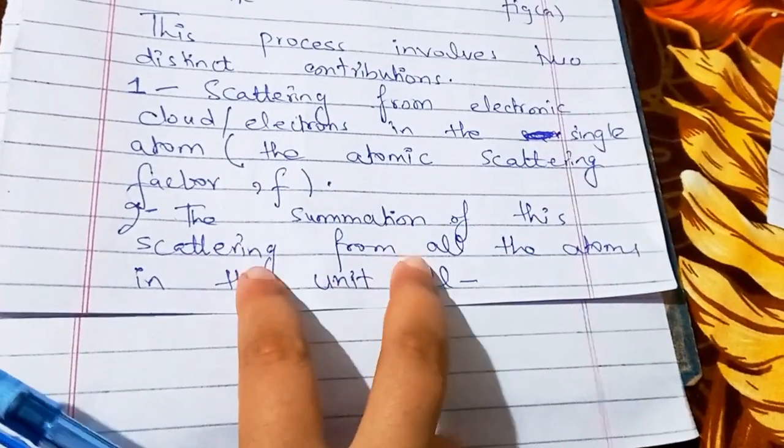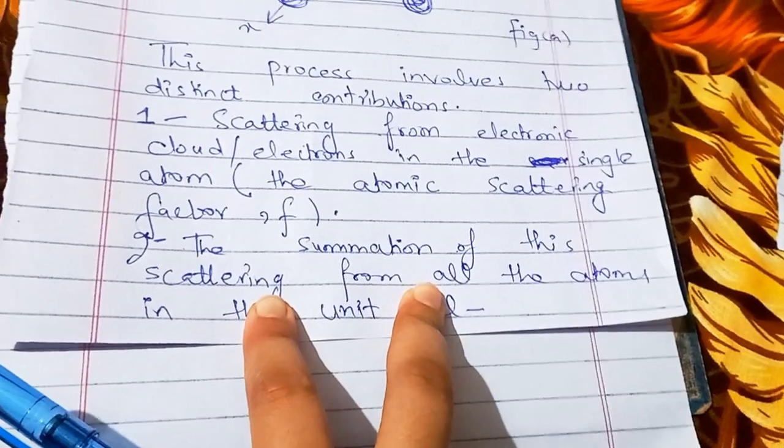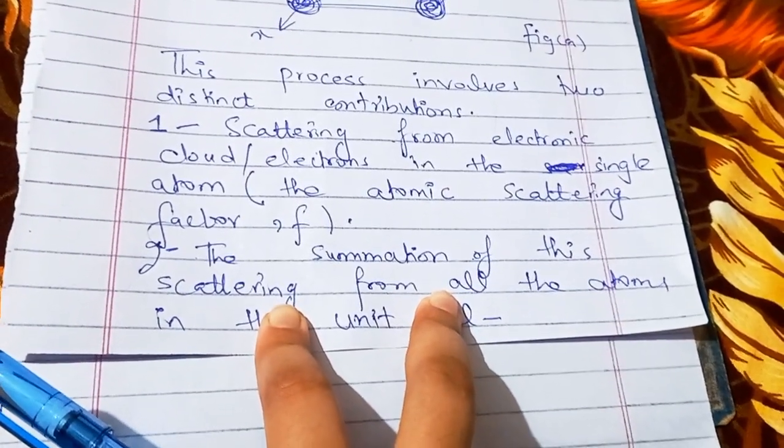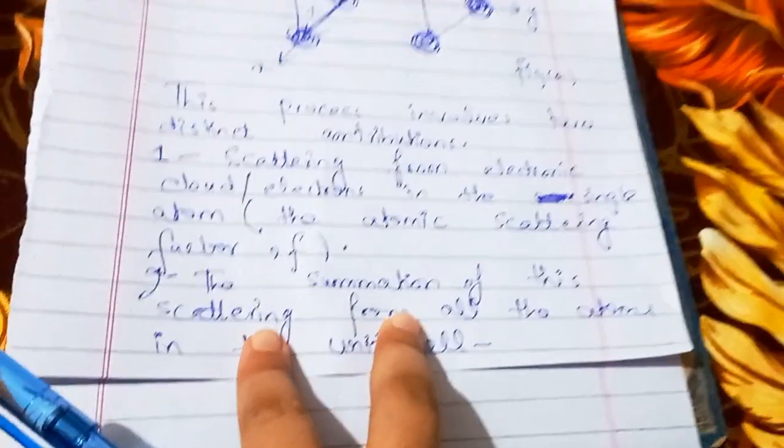This summation gives us the scattering amplitude of the diffracted X-ray beam, which is also known as the geometrical structure factor.